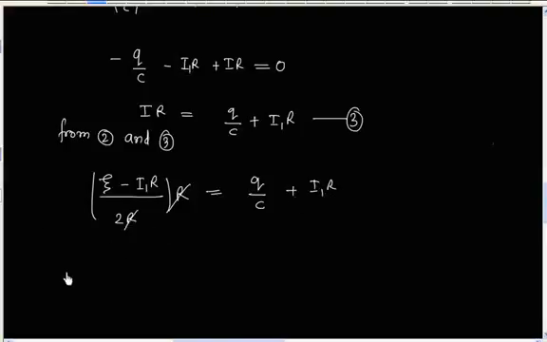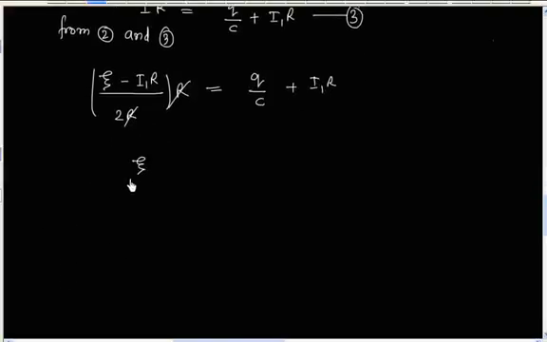R cancels out, so we will have Xi by 2 minus I1R by 2 equals Q by C plus I1R.